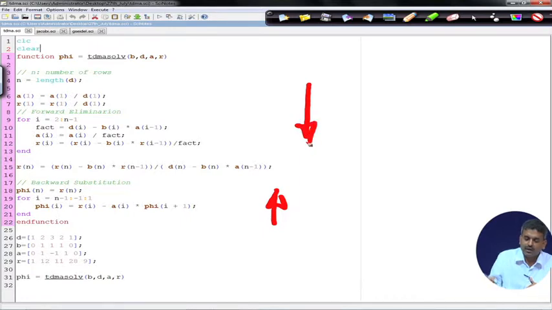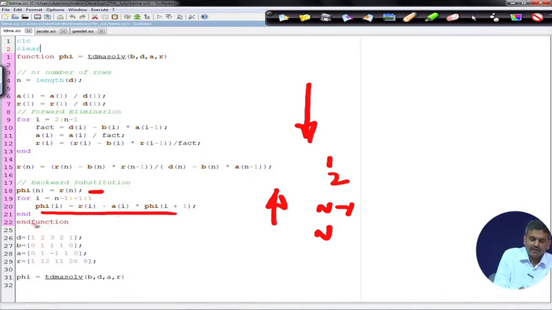This is forward elimination; backward direction, we are starting from n. So, we already have the n value here. Now, from n we start the calculation of n minus 1. To calculate n minus 1 we need the value of n. So, to calculate 1 we need the value of 2, like that. So, finally, we can get the solution.